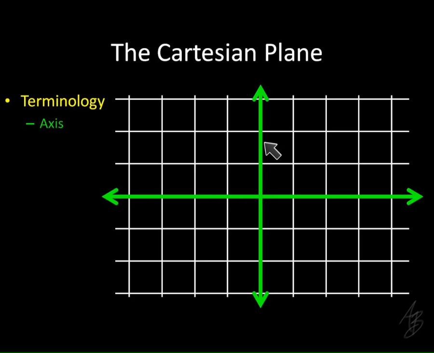Y. That's the y-axis. And which axis is this? That's the x-axis. Anybody know which one's dependent and independent? Dependent is the vertical one. So the y-axis is the dependent axis. The independent axis is the x-axis.